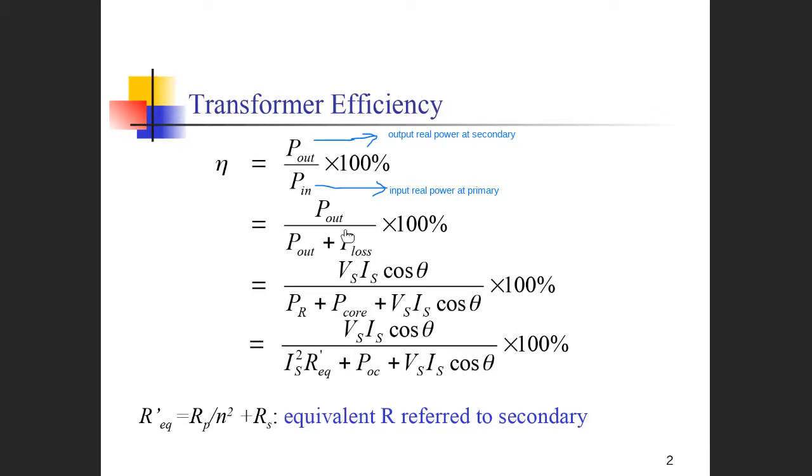Output power plus internal losses gives the input power. Of course, you can also say that output power is the input power minus the losses. This can also be written as P in minus P loss over P in, times 100 percent.